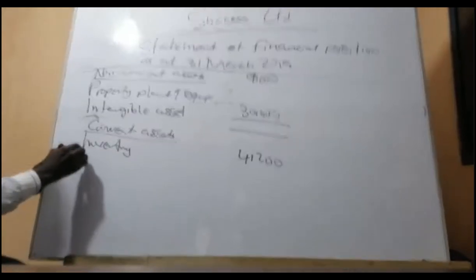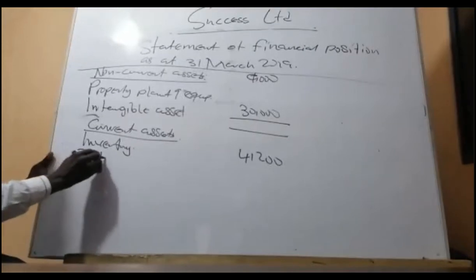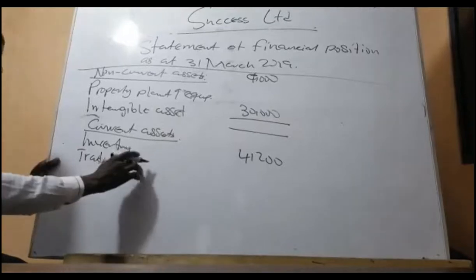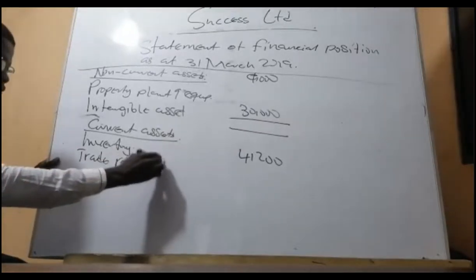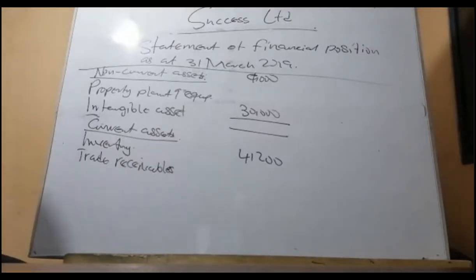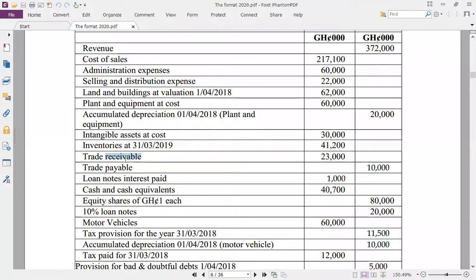Yes, 41,200. Then what again? Receivables. So trade receivables, right? Yeah, they call it trade receivables. Let's go and pick the receivables too, which is 23,000, right?